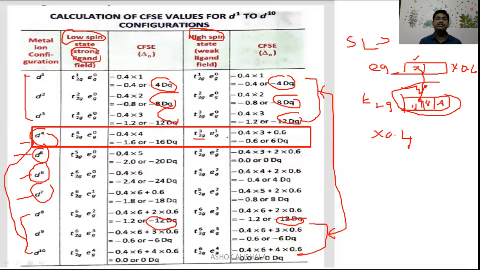Therefore t2g3 eg1: 0.4 into 3 is 1.2, and 1.2 minus 0.6 gives minus 0.6, or in terms of Dq, it is minus 6 Dq, not plus 6 Dq.